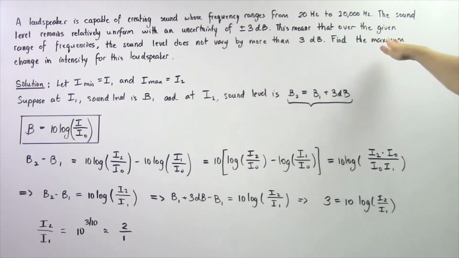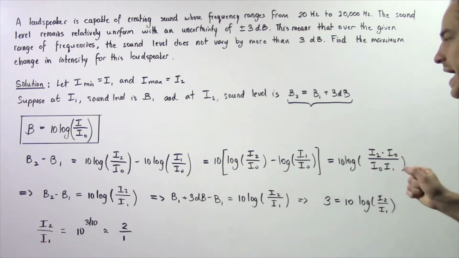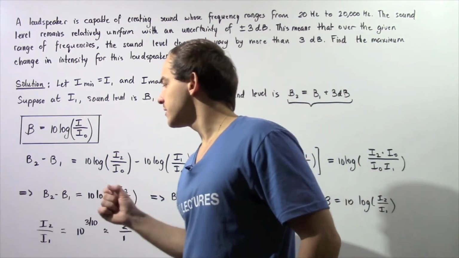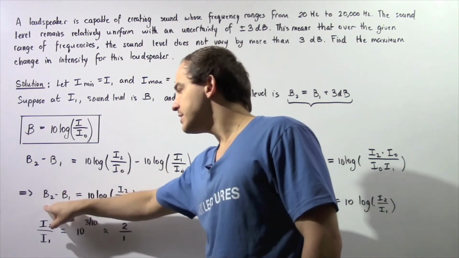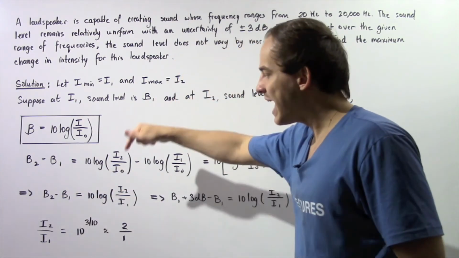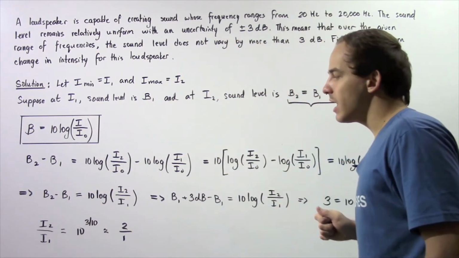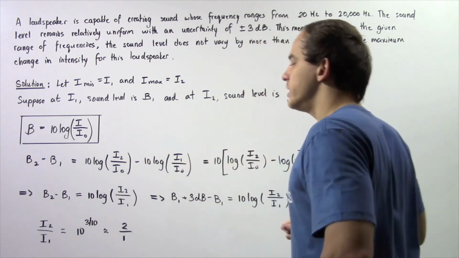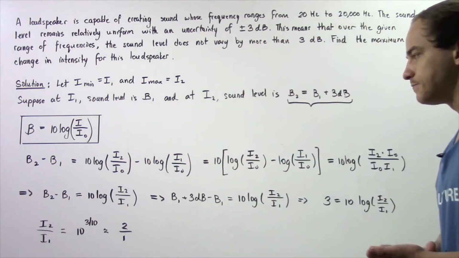So the I2 appears on the top, the I1 appears on the bottom, and the I0 appears on top and bottom. So that means we can cancel those out, and we get the following result. The difference between B2 and B1 is equal to 10 multiplied by log of the ratio I2 divided by I1.